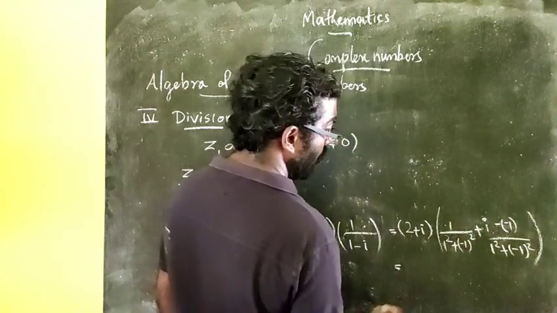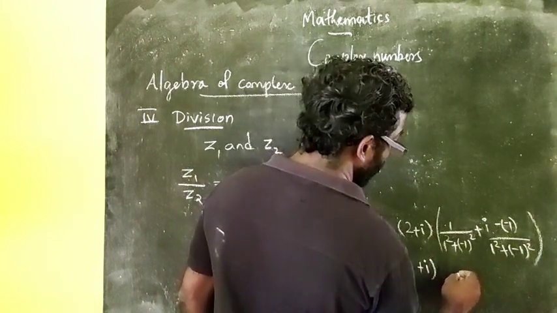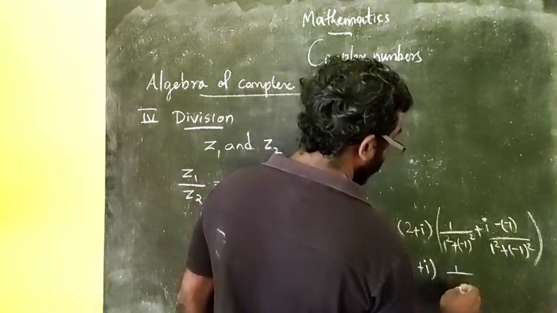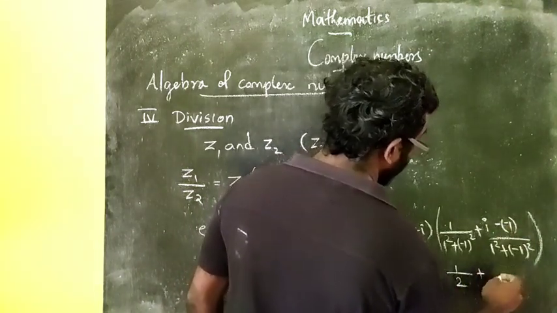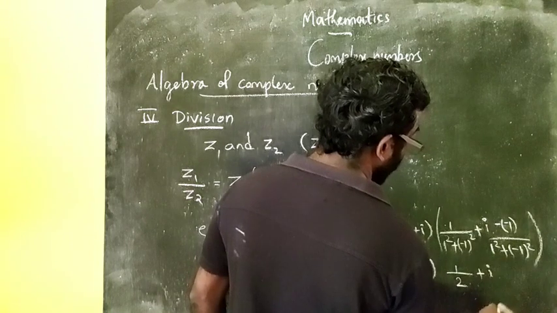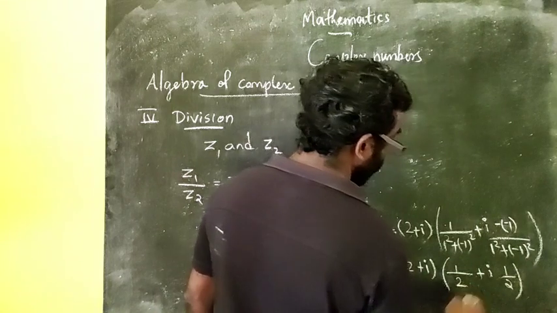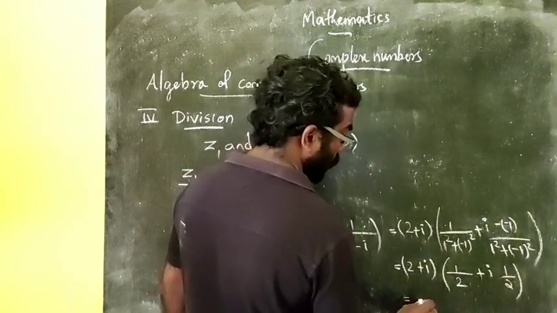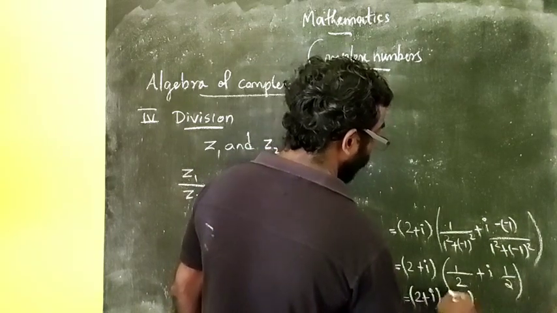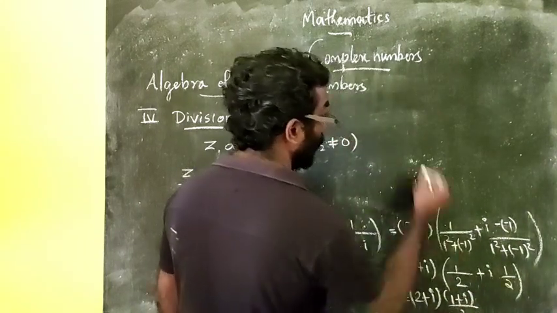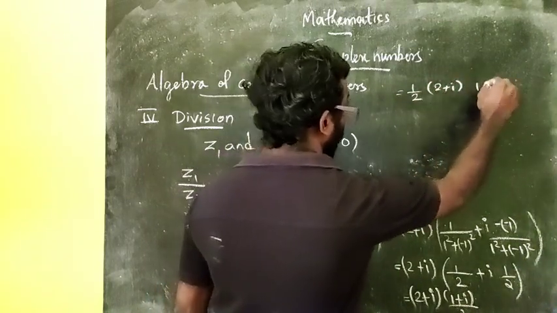It is equal to 2 plus I, then here we can write 1 by (1 square plus 1 square), 1 plus 1 is 2, then plus I into 1 by 2. And here 2 is the common denominator. So this can be written as (2 plus I) into (1 plus I) the whole divided by 2. This 2 we can write first: 1 by 2 into (2 plus I) into (1 plus I).